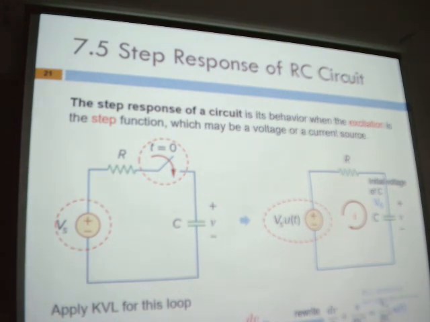How to rewrite it? We put RC on the denominator, and then we get this one with RC here, and RC here. And we get this equation. This equation is in the form of V dot, the derivative of V, plus V over RC, minus Vs u(t) over RC.